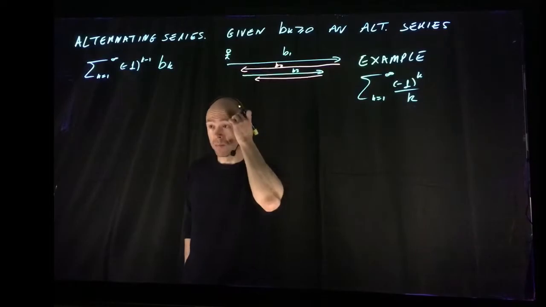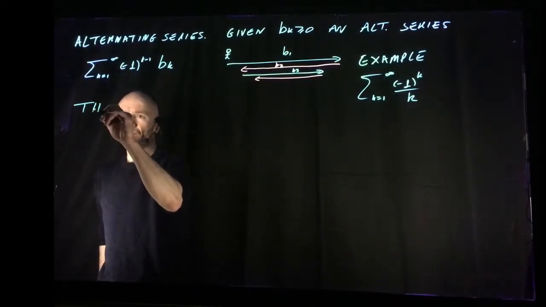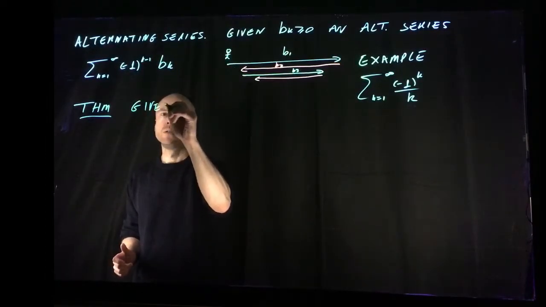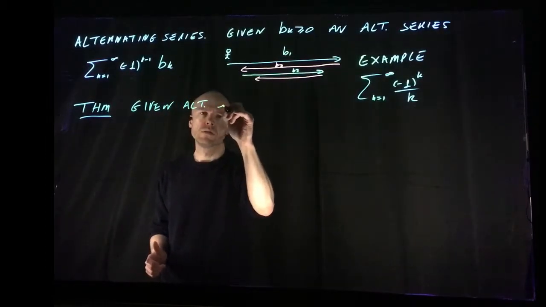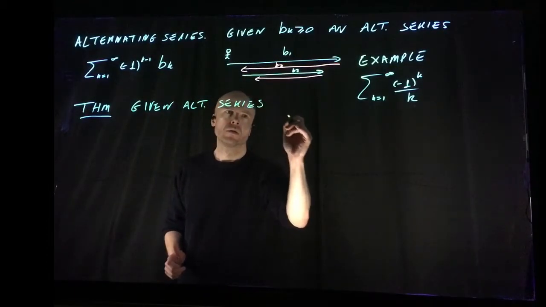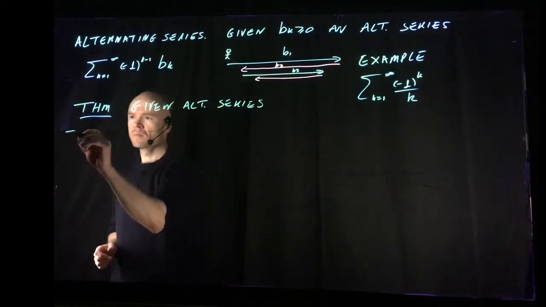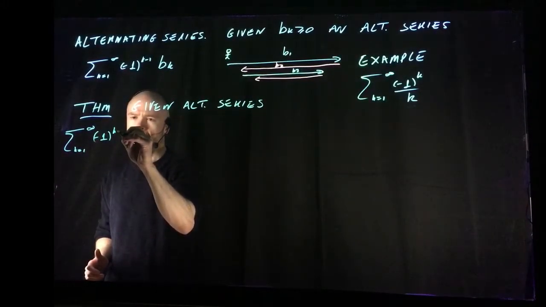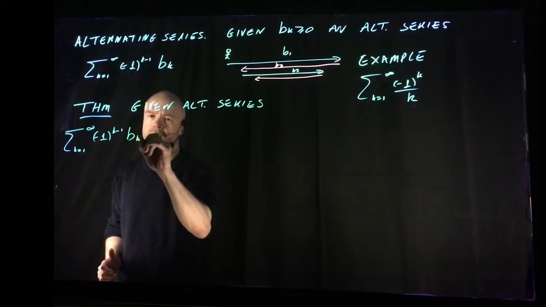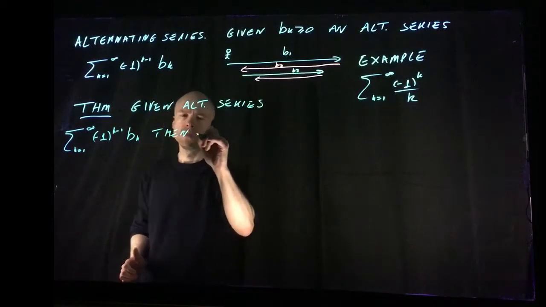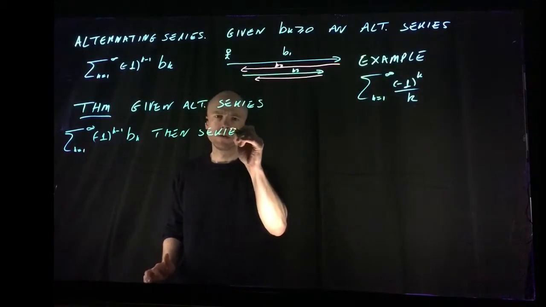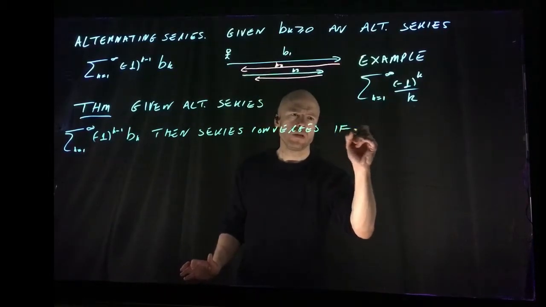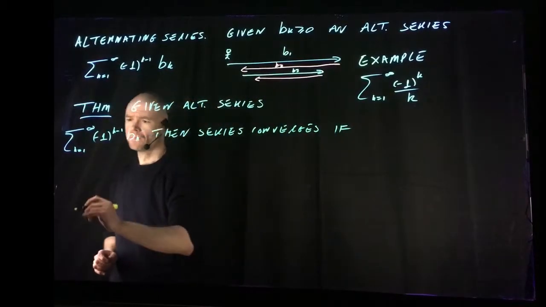So this is the main theorem. Given an alt series, then the series converges if the following two things hold true.